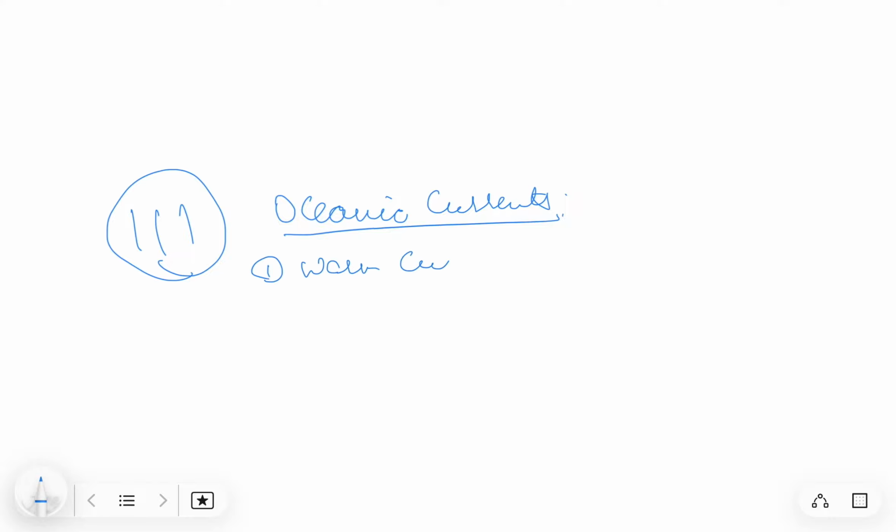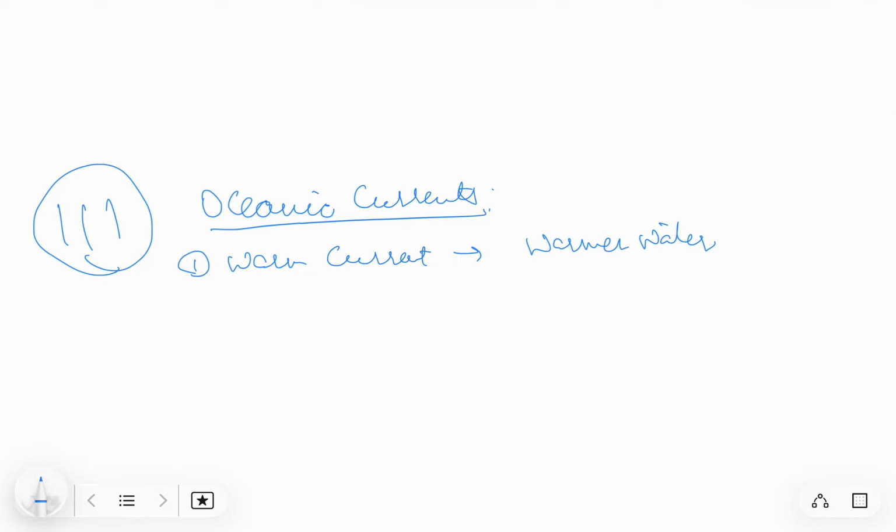In case of a warm current, having warmer water, we have seen the example of the North Atlantic drift current, that is warm.